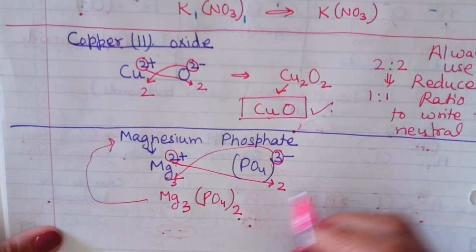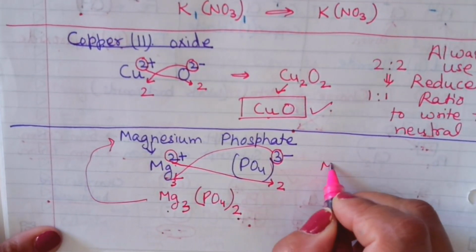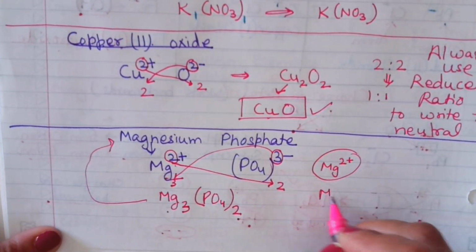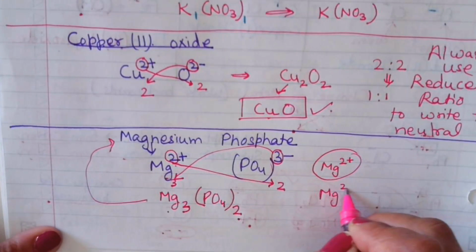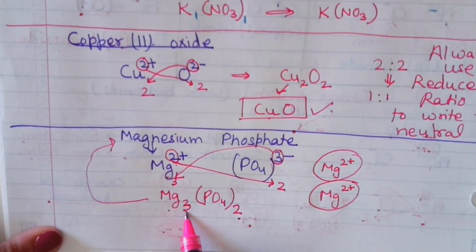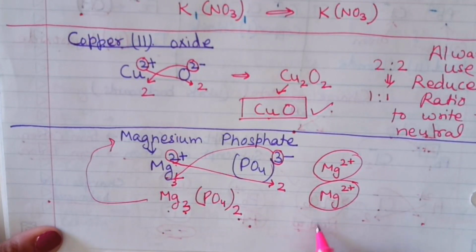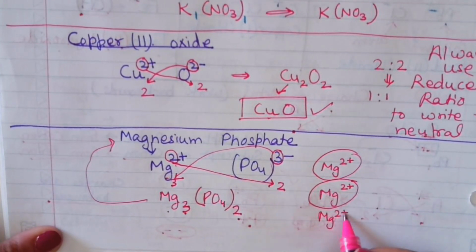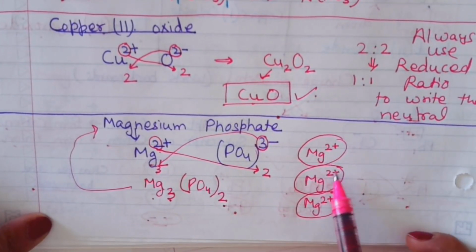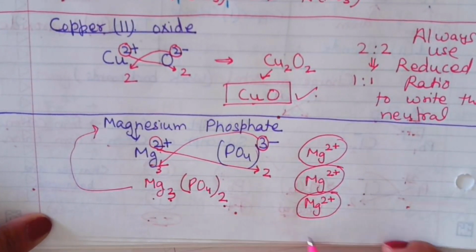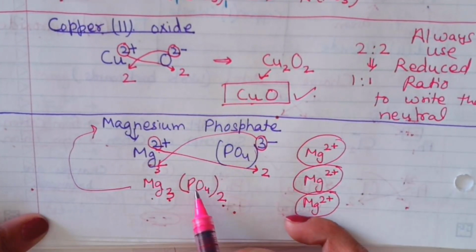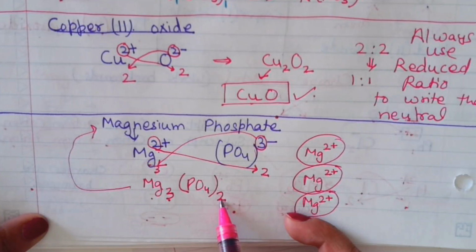You can actually see we have 3 magnesium ions and each magnesium ion has a charge of 2+. So the subscript tells you how many ions we have. This subscript 3 means we have 3 magnesium ions, and each has a charge of 2+. So 2 plus 2 plus 2, a total of 6 positive charges, right? And now we have 2 phosphates.